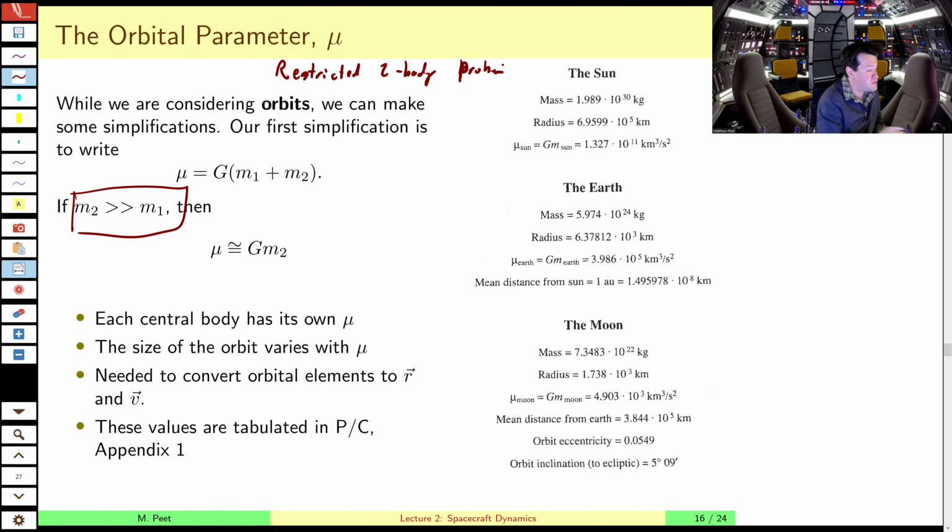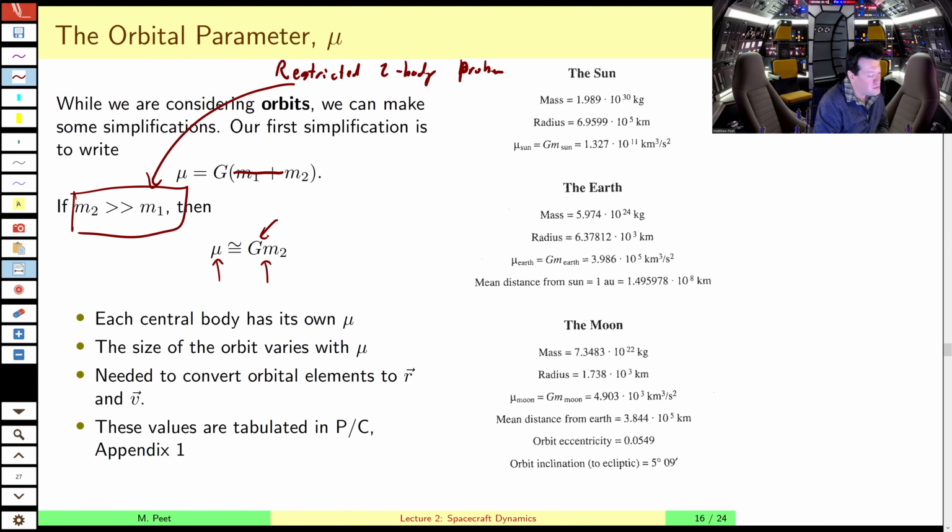The restricted part just means we make this assumption here, that the mass of the planet, in this case, is significantly greater than the mass of the spacecraft. And so when that's true, we can just cross this m1 out of the dynamics, and the dynamics are given solely in terms of this constant mu, which depends solely on the mass of the planet and the gravitational constant of the universe.